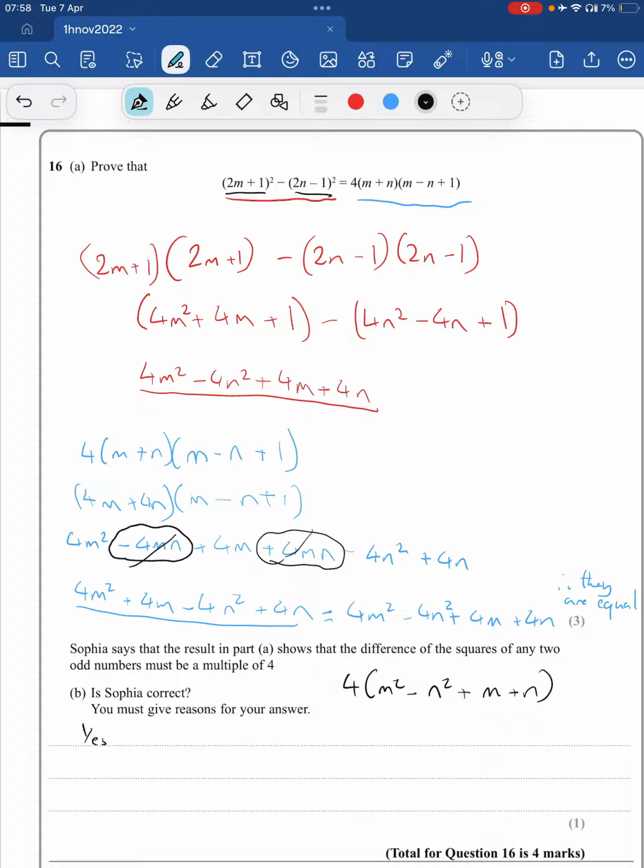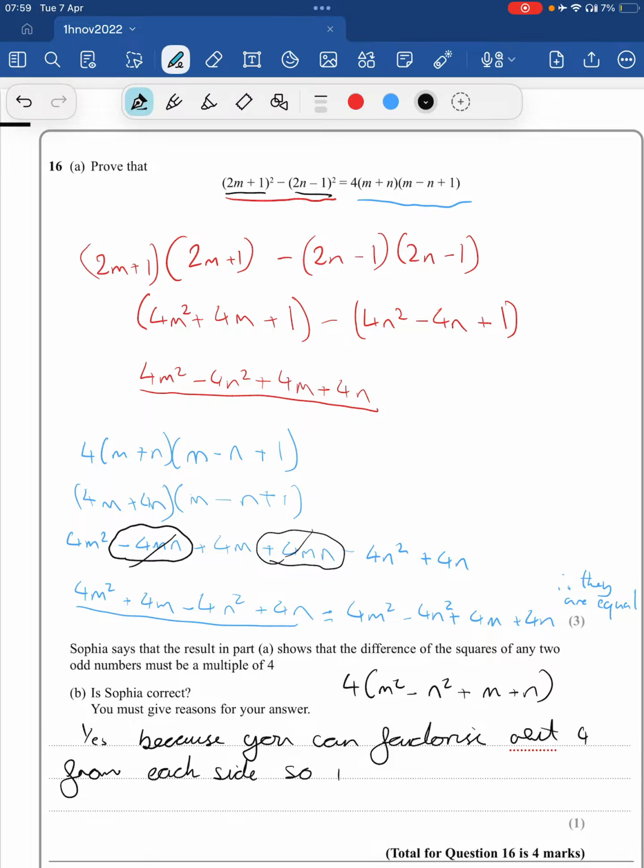So, yes, because you can factorize out 4 from each side. So it must be a multiple of 4.